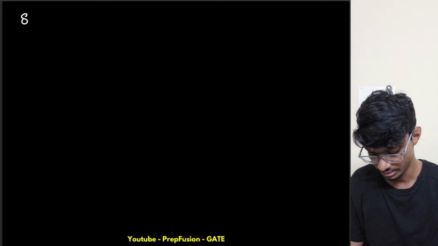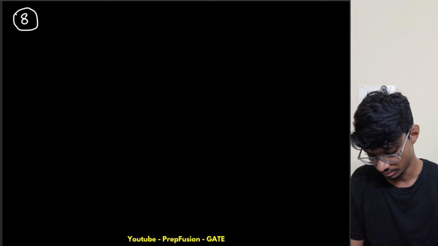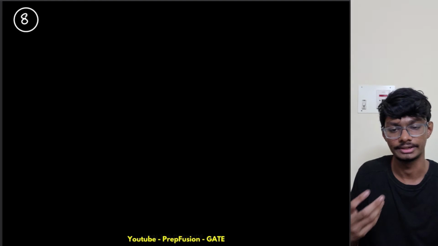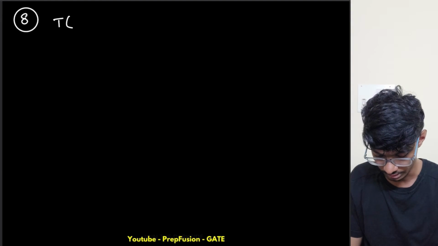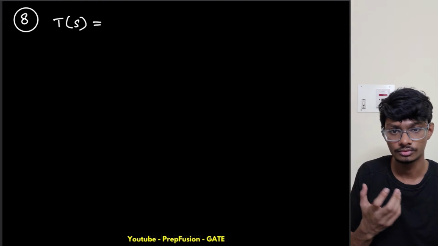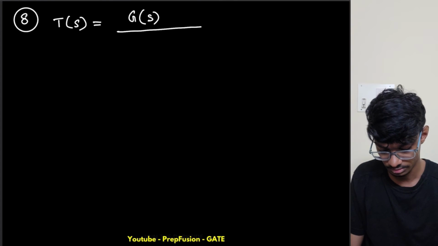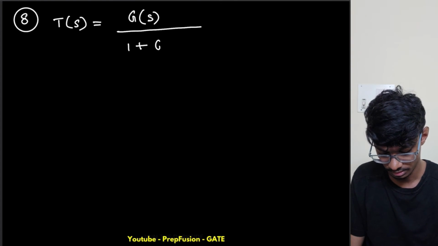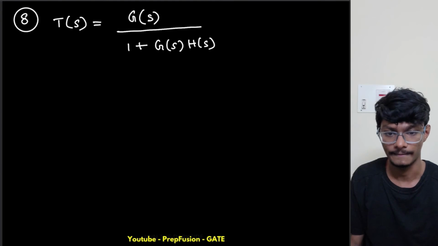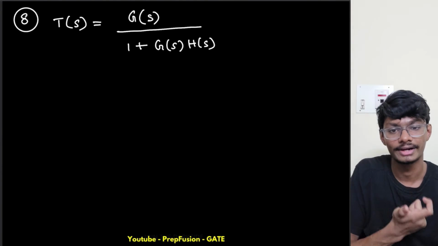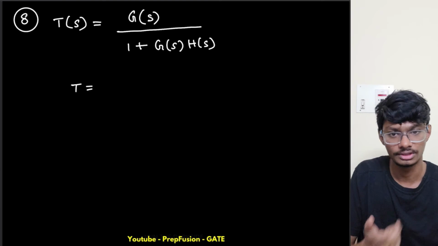We previously did the 7th. In the 8th question, we know the transfer function of a closed loop system for negative feedback is G of s divided by 1 plus G of s into H of s. I will not write the s here, just ignore the s for now.